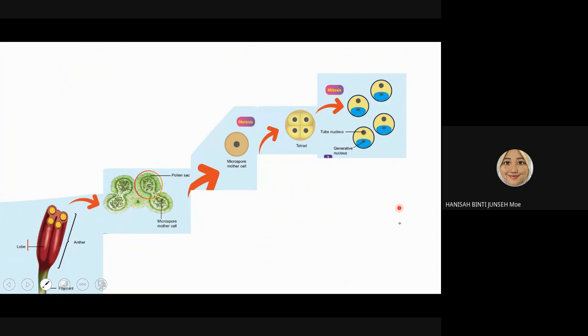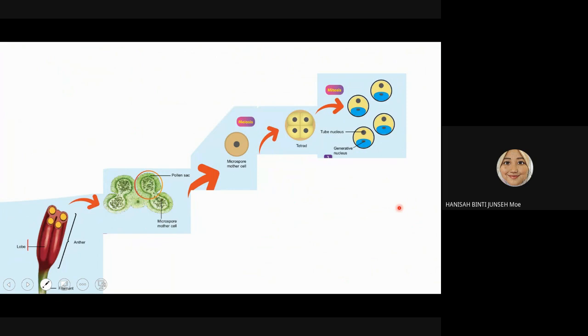And then, as we had already learned in cell division, only gamete cells will undergo meiosis. Why is that? It's to maintain the number of chromosomes. So from diploid, it will become haploid.